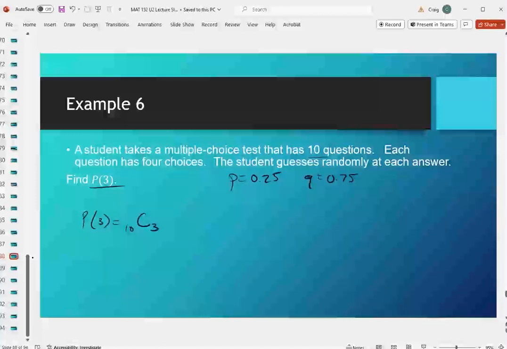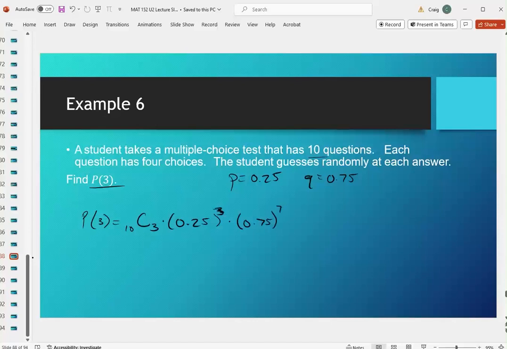And so again, we're going to do 10 choose 3 times 0.25 to the 3rd power times 0.75 to the 7th power. That should be a 3. And here, if you put this in your calculator, you should get 120 times 0.25 cubed times 0.75 to the 7th.